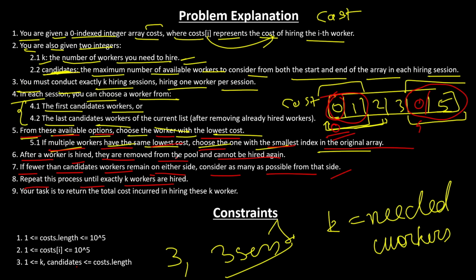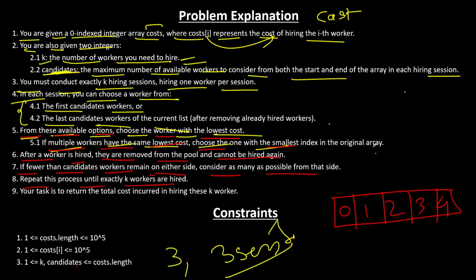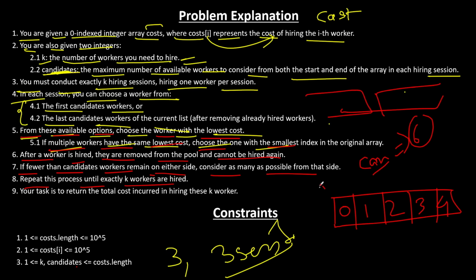For example, if the candidates value given to us is 6, it means that from the given array I will choose 6 from the first and 6 from the last. But if the size of the array itself is smaller than candidates, we try to choose the minimum one, and we try to complete all K required hires.